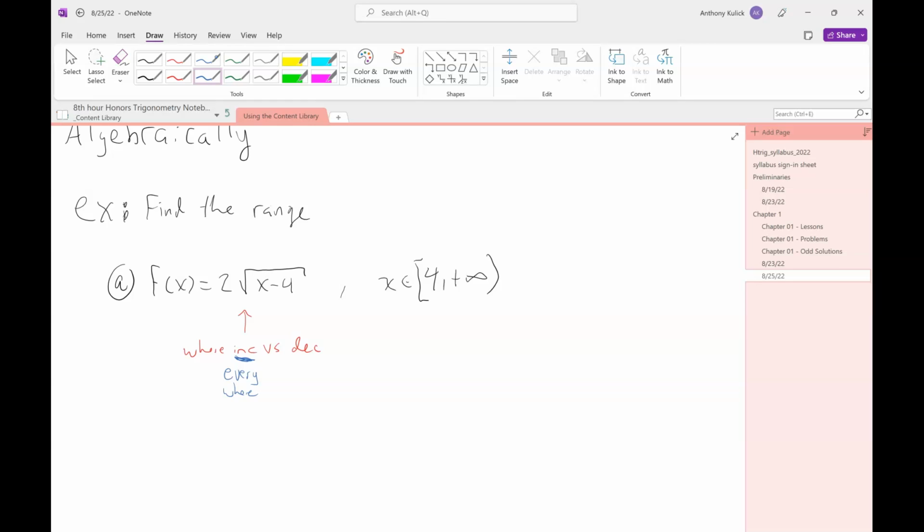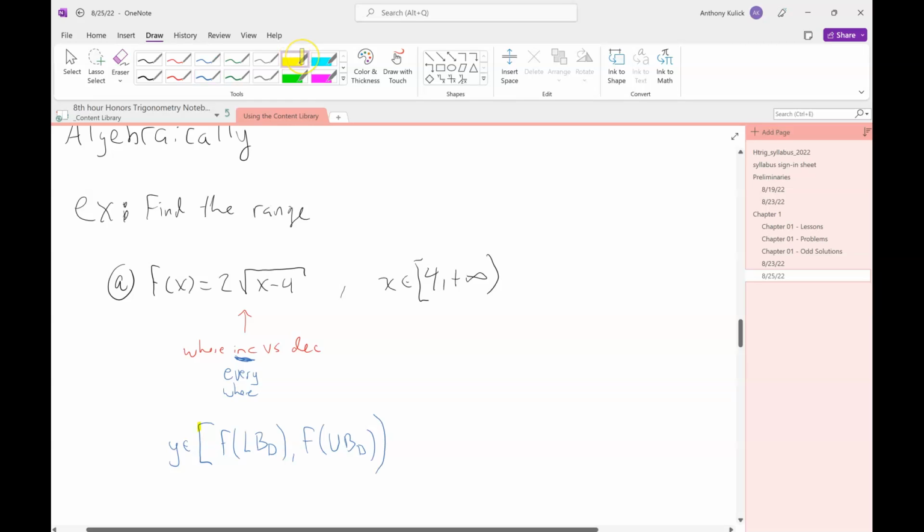So since we are increasing, I can calculate my range in the following way. It's going to be f of the lower bound from the domain, comma, f of the upper bound from the domain.